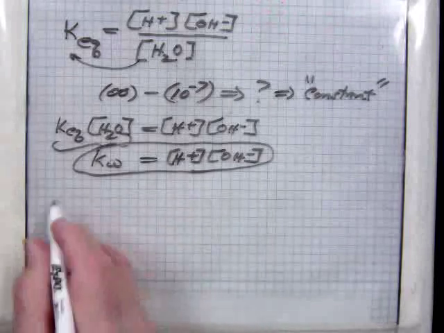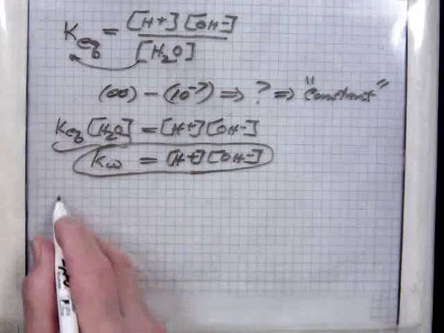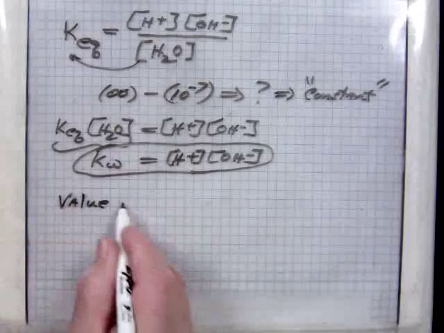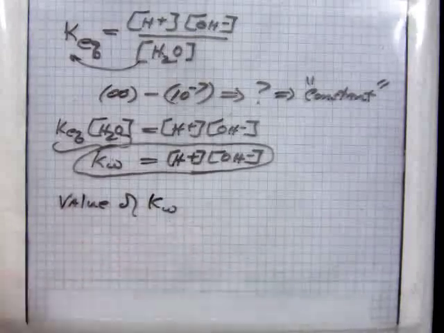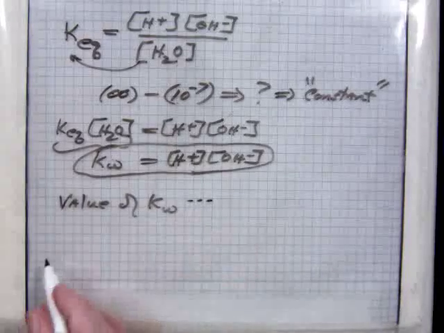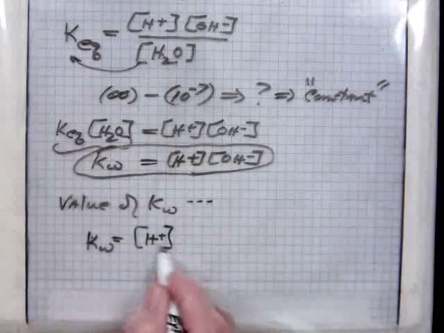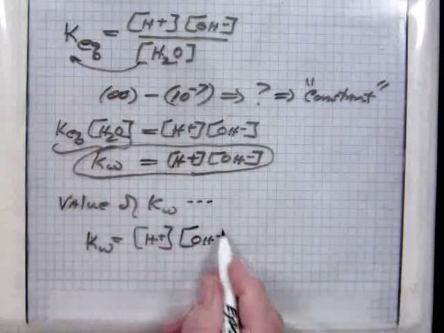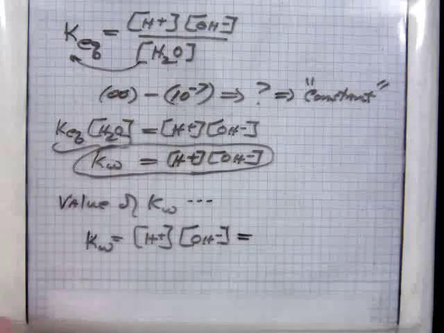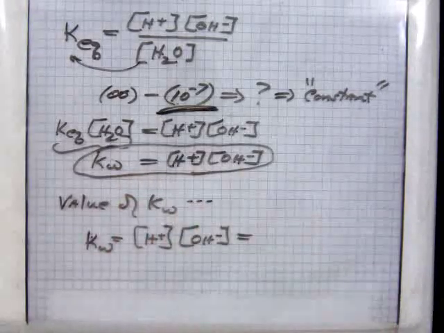Now, I'm just going to put that down here. The value of Kw now can be defined, and hopefully you understand, in the following way. Kw, again, is the hydronium ion concentration times the hydroxide ion concentration. And in pure water, what did we say about the concentration of each one of the ions? It's 10 to the minus 7.